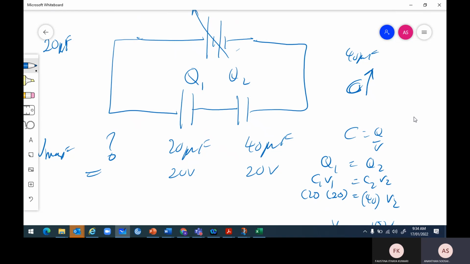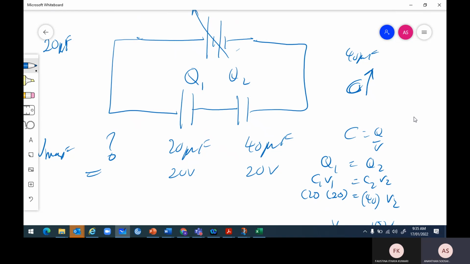Why does it explode? As I said, at any moment, let's say you apply 10 volt here and 10 volt here. You calculate the voltage of it. The 20 microfarad will always have high voltage. Why? Because as I said, the charge has to be the same in series.